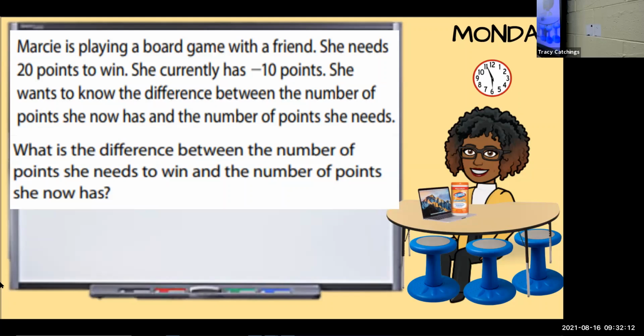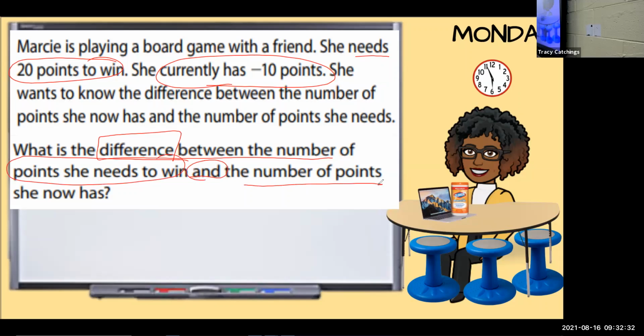What's important? 20 points to win. The difference between the number of points she needs to win, which would be how much? 20 minus, and she got negative 10. Good job. So we rewrite that. And what is 20 plus 10? 30 points. Questions about it?